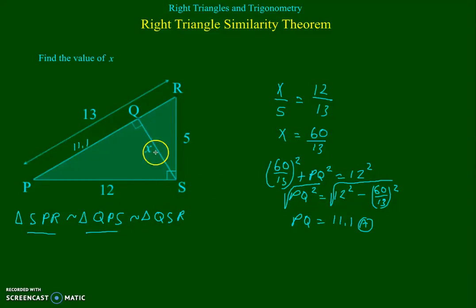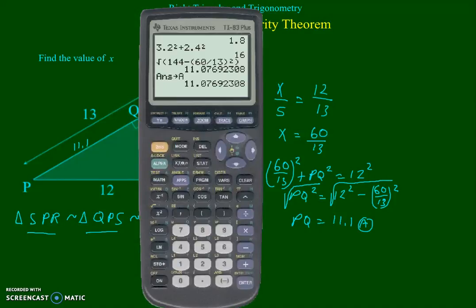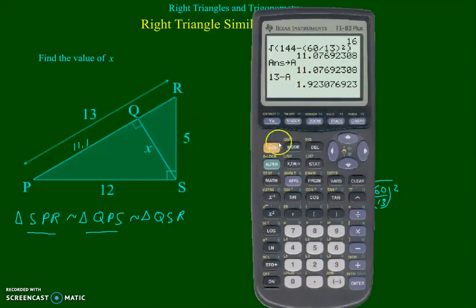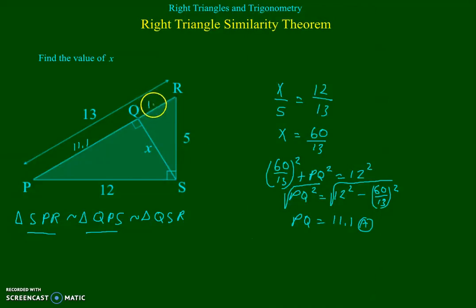And then we're going to subtract that from 13. 13 minus that value gives us another really ugly number, and that's QR. So we're going to store that in B. So let's make that 1.9. So we'll say that's 1.9, and we're going to store that in B. And now let's see if the value comes out to the same as 60/13.